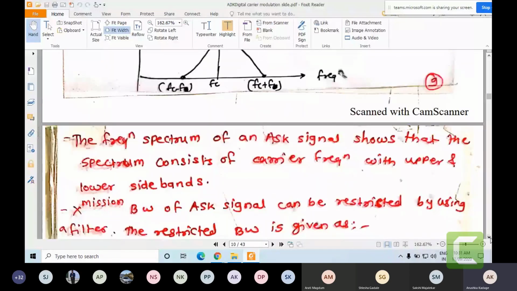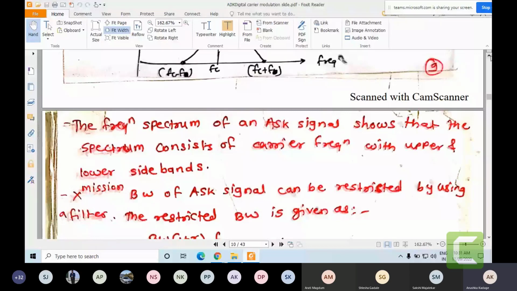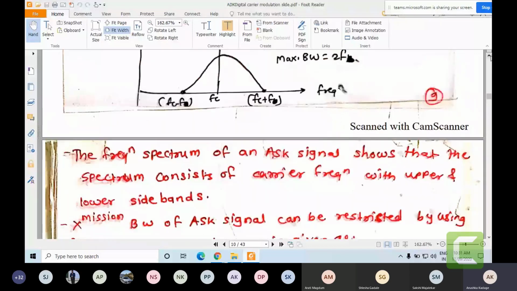So the above graph represents the frequency spectrum for the ASK signal. And this frequency spectrum consists of the carrier frequency with upper and lower sidebands. And that's why, if you are remembering, I have said that ASK is nothing but double sideband AM modulation itself.